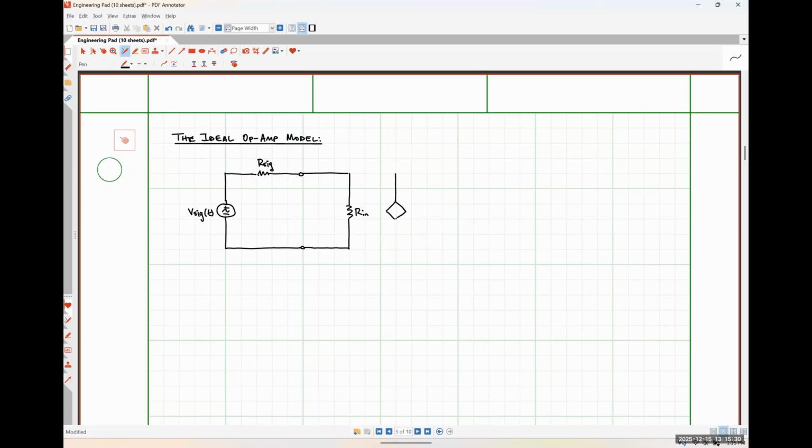Moving over to the output side of our system, we're dealing with a voltage amplifier. We would have our open loop gain times this amplifier input voltage Vin that I've labeled here. Here is our output resistance.